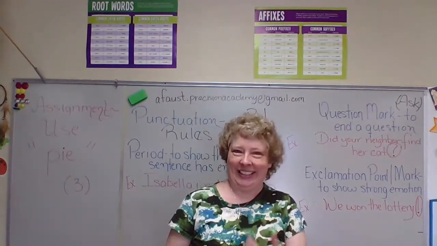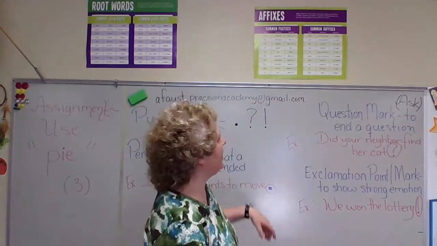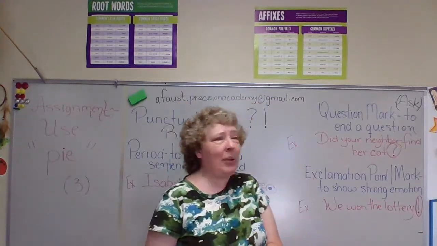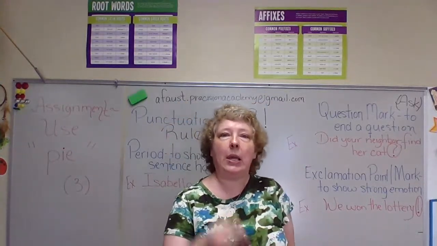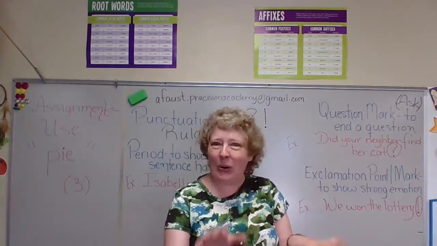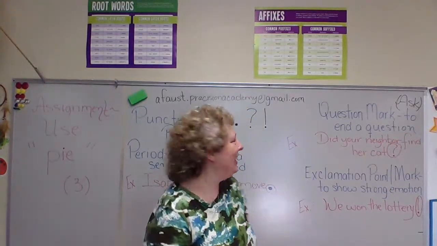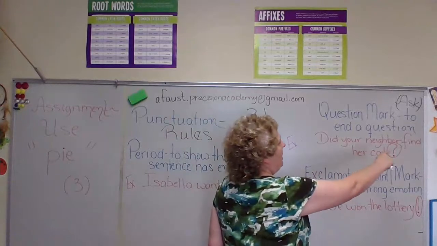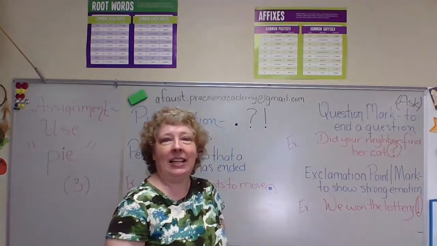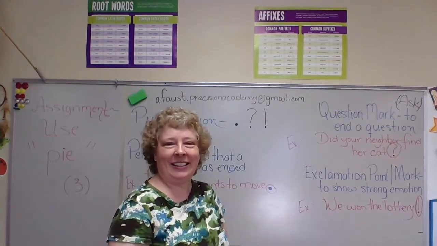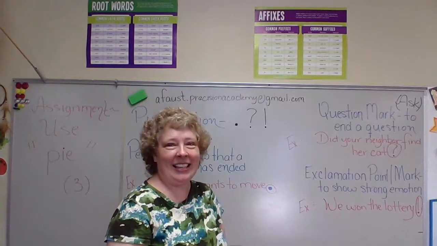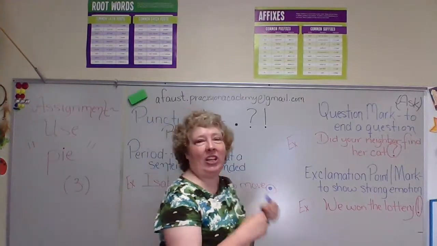Like I just did. Okay? So yes, to end a question. Because some people write a question and they put a period. No. Question mark. Example. Did your neighbor find her cat? Question mark. Okay? And we can tell it's a question.